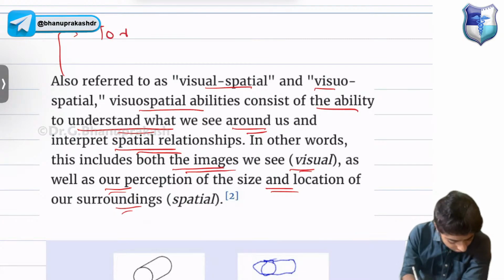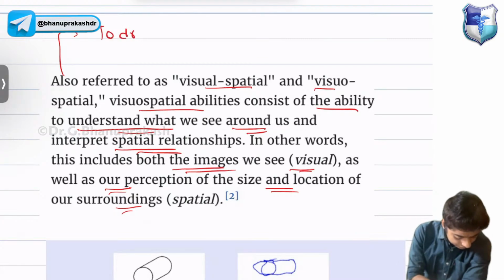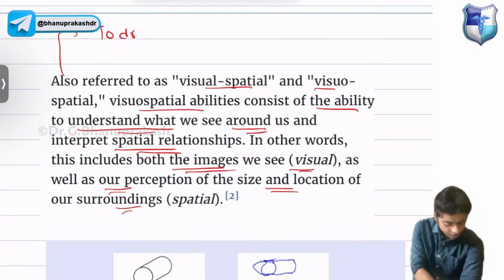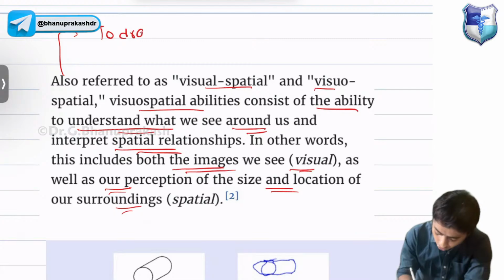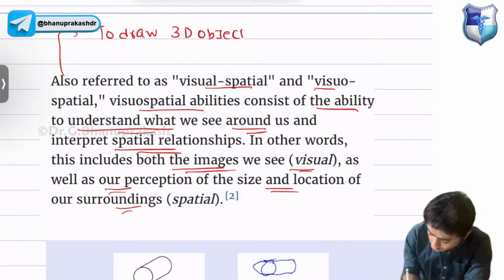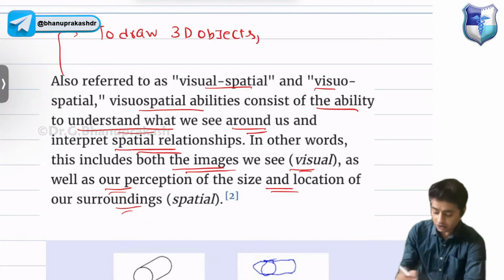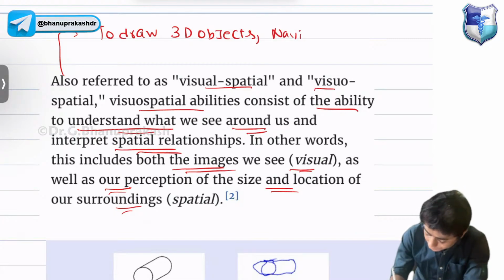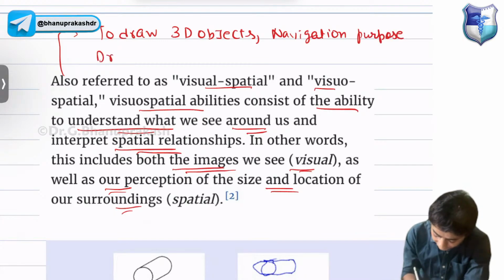So what does it mean? To draw 3D objects, for navigation purposes. It helps in your driving.